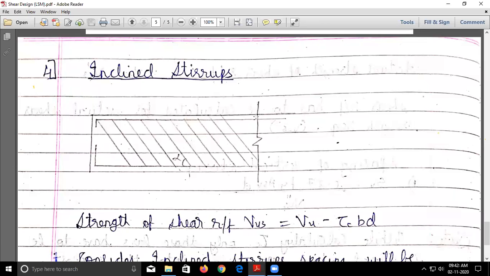Size of the beam is 230 by 800, and the beam is reinforced with 4 bars of 20 mm dia.